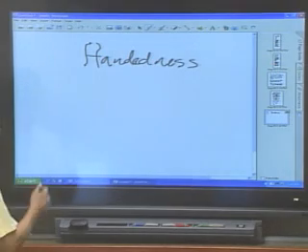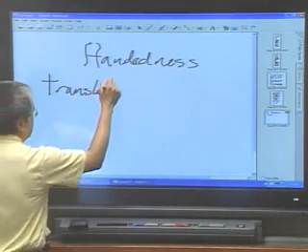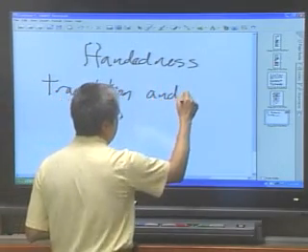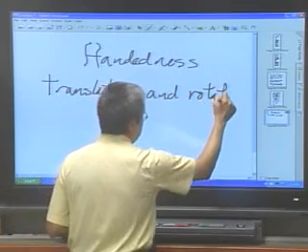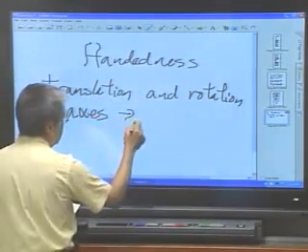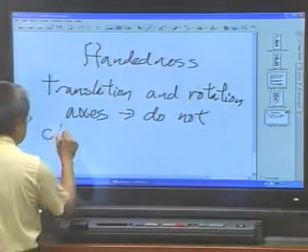A translation, which we haven't talked about yet but will in a minute, and a rotation axis do not change handedness.